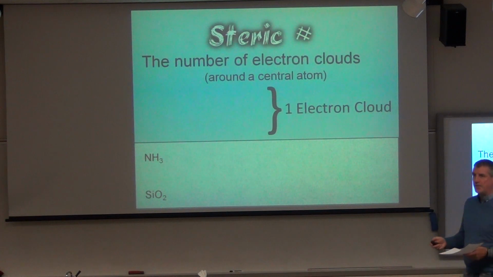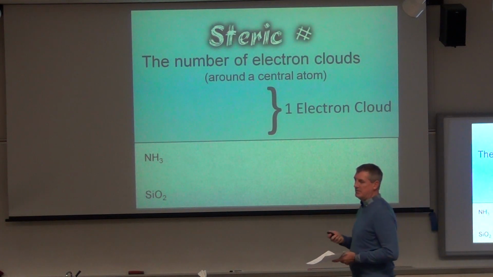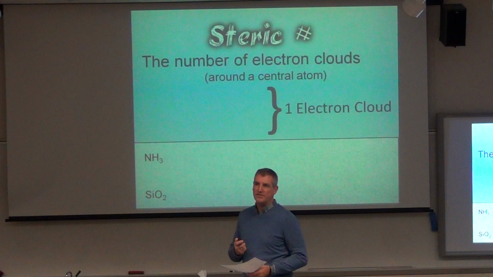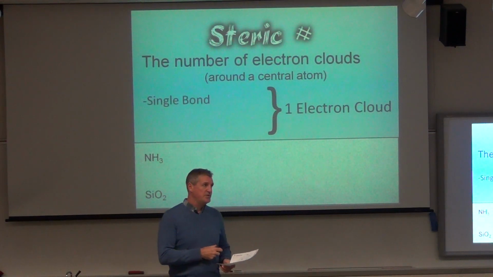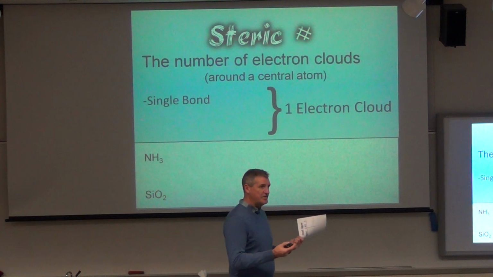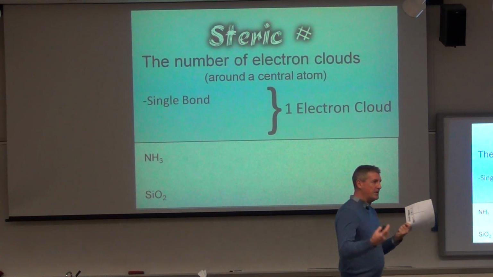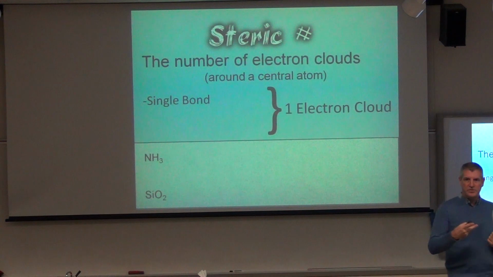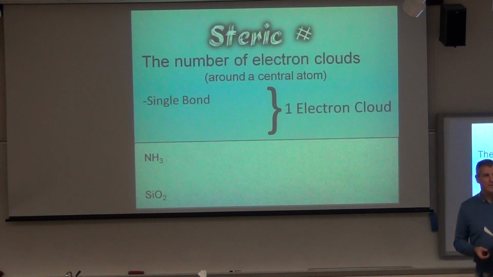Electron clouds can show up in a number of different ways. Not too many different ways. It's pretty simple. The first way is just a single bond. If you've got a single bond between a central atom and another atom, those two shared electrons are going to represent an electron cloud.